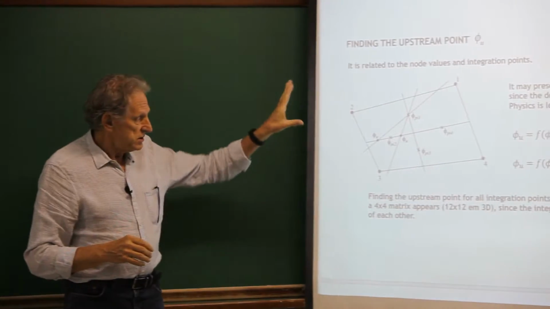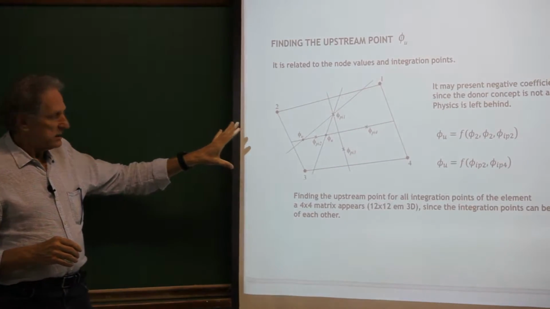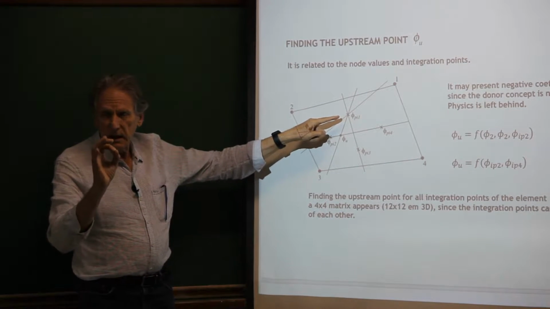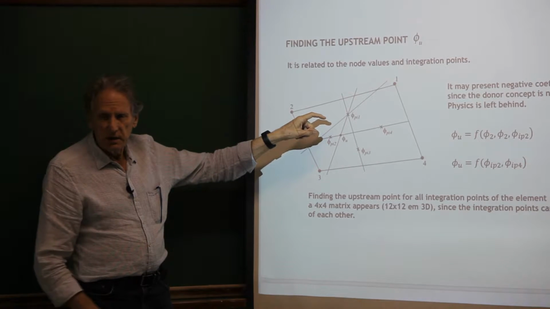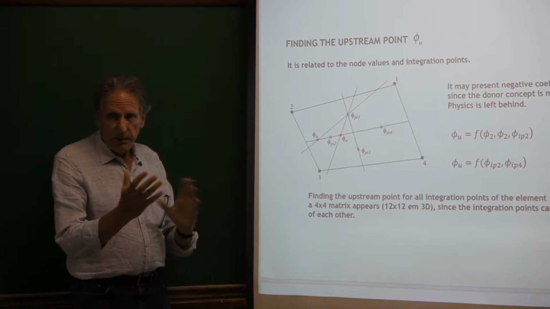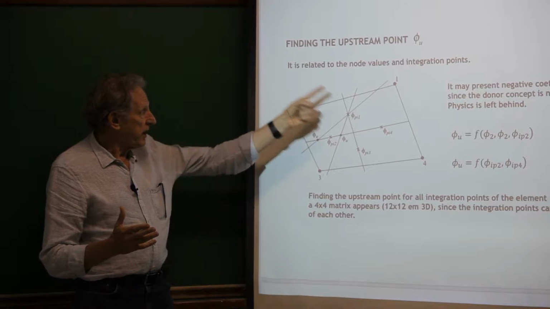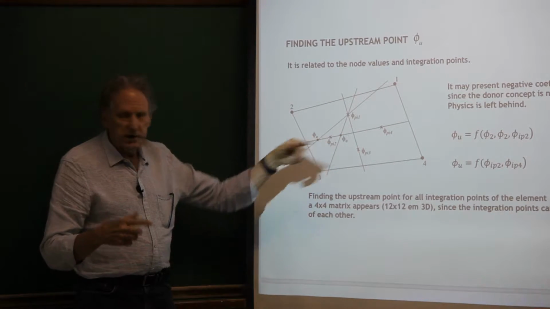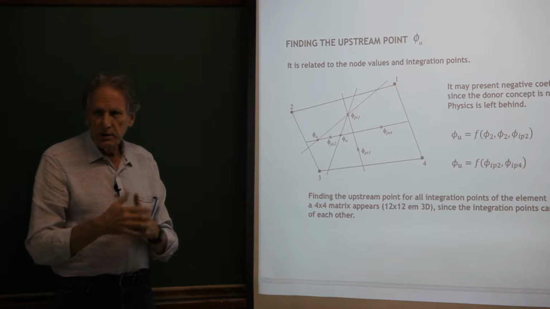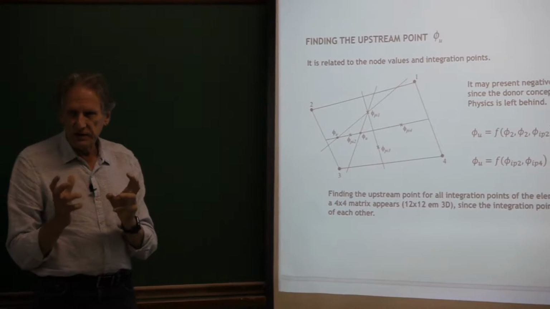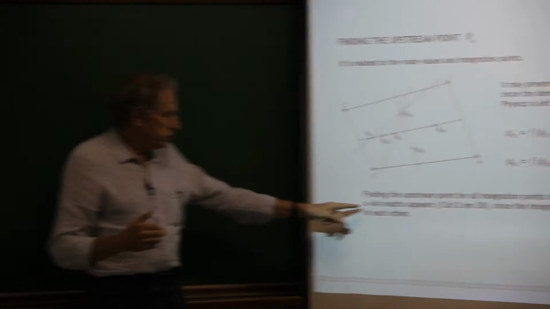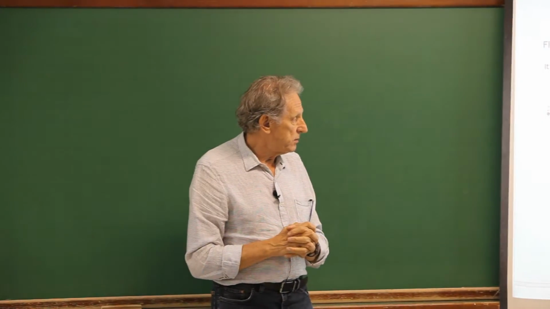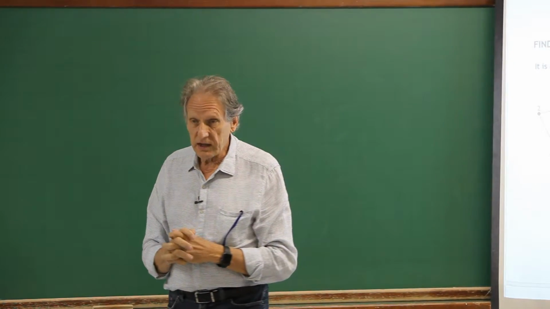And then we discussed that the value of the interpolation at the integration point may depend on the node variables and also on the other integration points, which results in a linear system of equations, 4x4 in 2D and 12x12 in 3D. That's where we were in the last lecture.